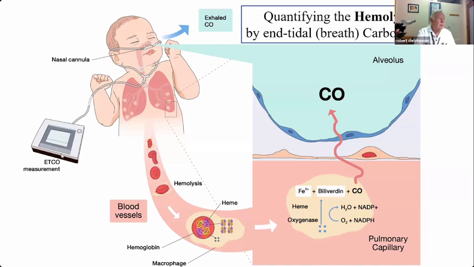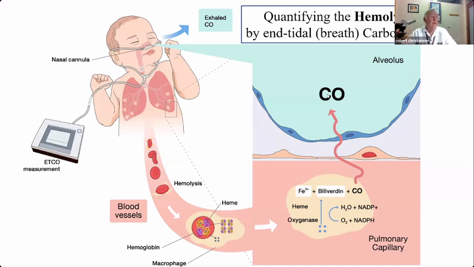This is a device that's basically a carbon monoxide sensor that's attached to the baby through a nasal cannula, a soft silastic cannula. And it measures carbon monoxide, which is relevant to the issue of hemolysis, because every molecule of heme that is degraded to biliverdin and then bilirubin releases a molecule of CO, which as a gas eventually finds its way to the lungs and is exhaled.